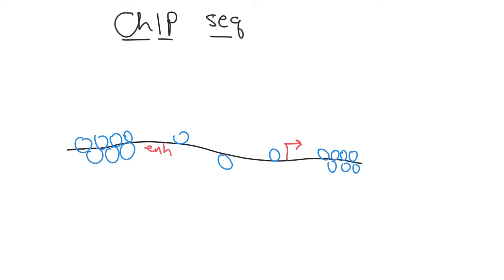And remember that each of these histones in the euchromatin has a particular lysine 9 acetylation on its N-terminal tail.